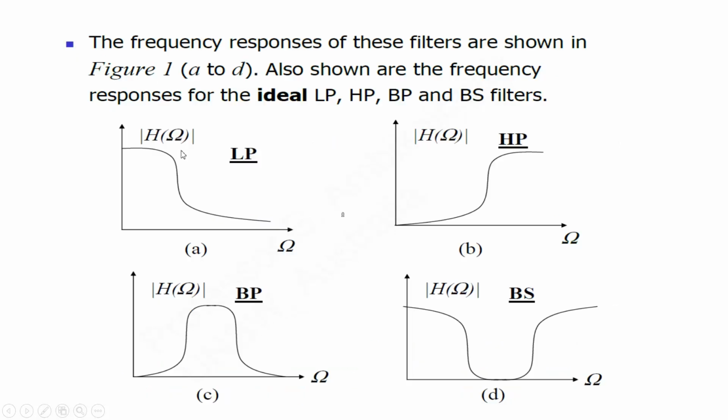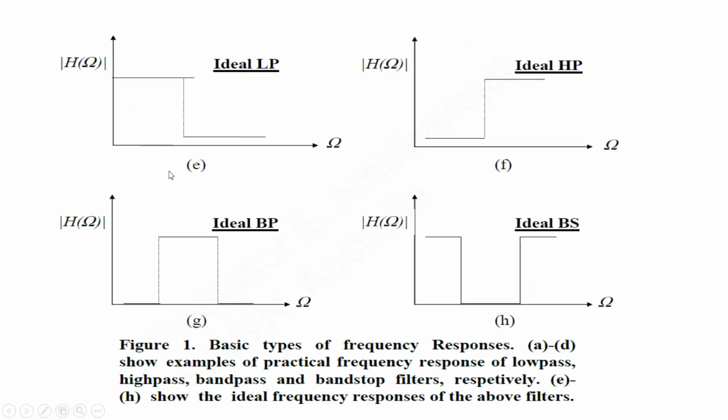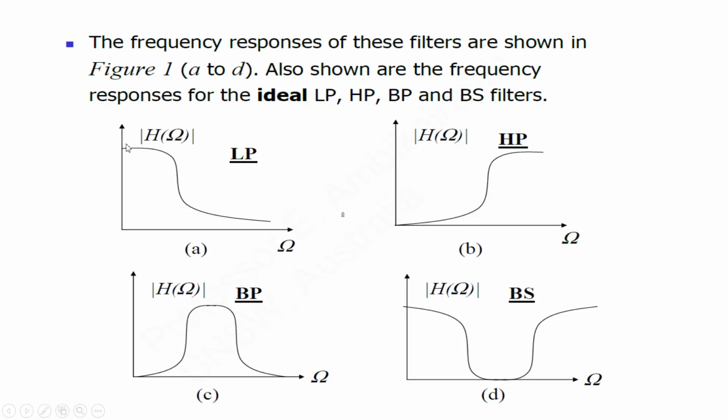Now, when you design a filter, it must go closer to the ideal. Let's take the case of a low pass filter. The low pass filter design must go as close as possible to the ideal low pass filter. You will see that there is a roll off. It is not a sharp dip from the pass band to the stop band.